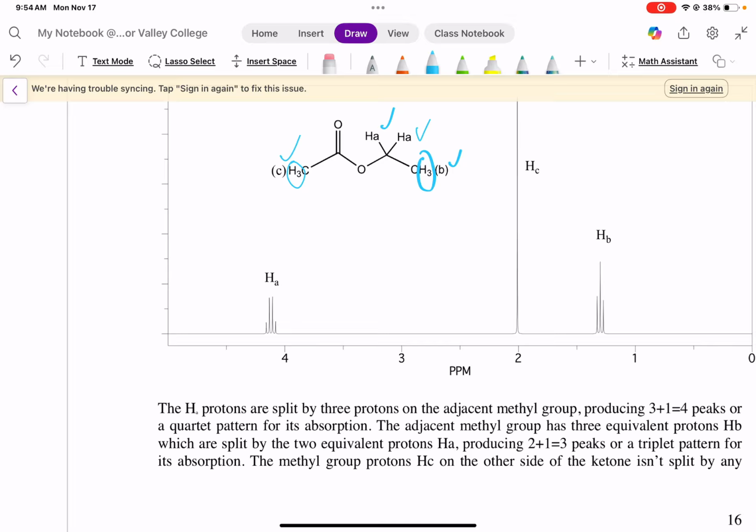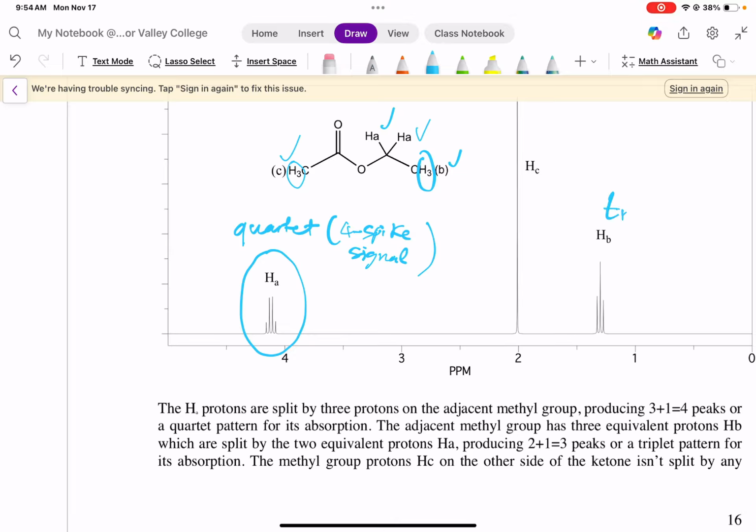They are different shapes. HA is going to show up as what we call a 4-spike quartet. A 4-spike signal or peak. Okay. Now that's known as a quartet.